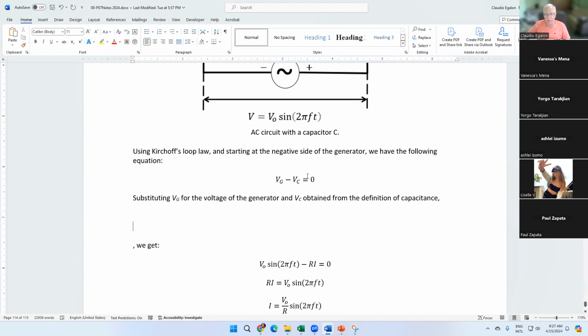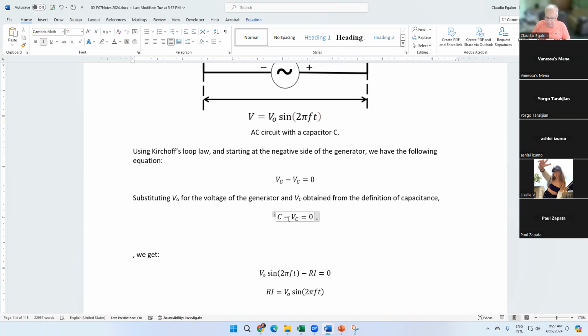And what is the definition of capacitance? C equal to Q divided by V sub C. Okay, that's the definition of capacitance.